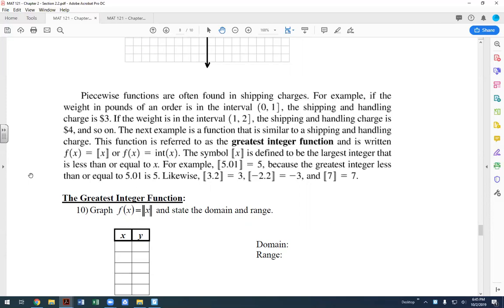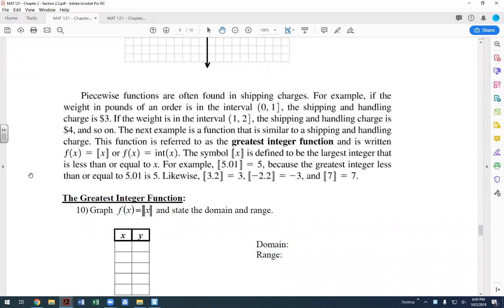So if I have a number like 5.01, we're thinking less than or equal to x, the largest integer. So for 5.01, the closest one is going to be 5, because that's my largest integer which is less than 5.01. If you're looking at 3.2, what is the largest integer that is closest to 3.2 but less than it?